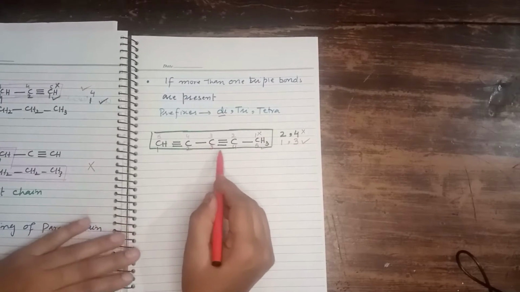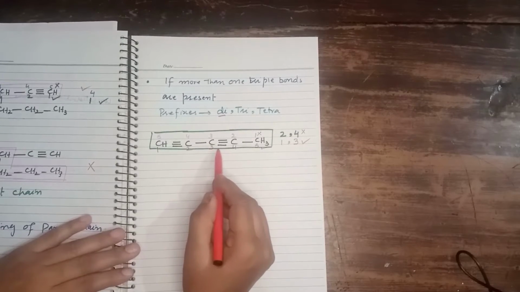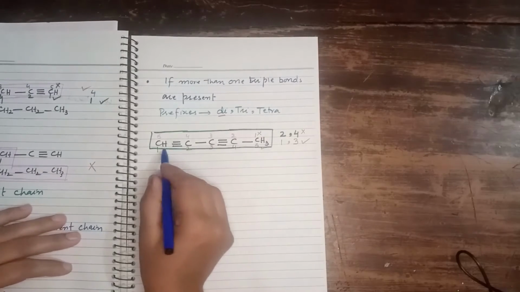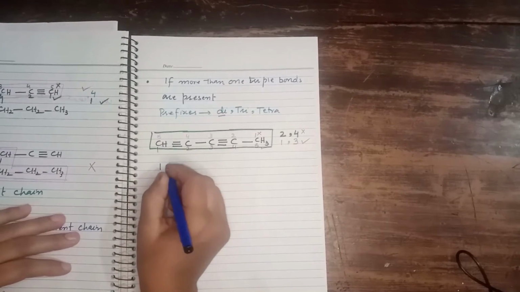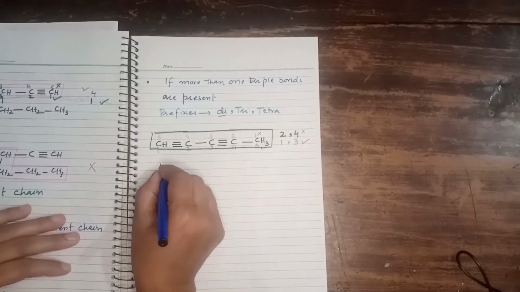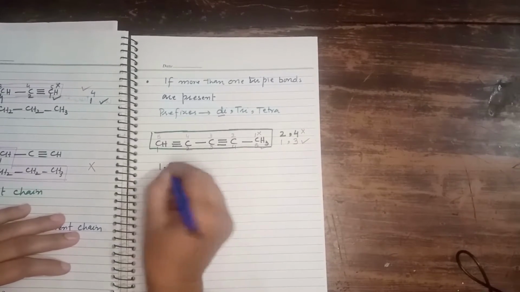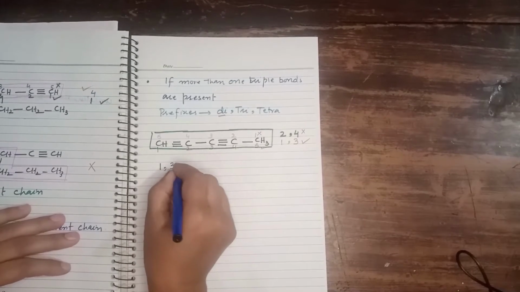So before writing this name, we must mention the position of both the triple bonds, right? So let's try to write the name of this molecule. We know very well the position of first triple bond. It is present between carbon number 1 and 2. So we write 1, then place comma, and then write the position of second triple bond present between carbon number 3 and 4. So we write here 3 hyphen.